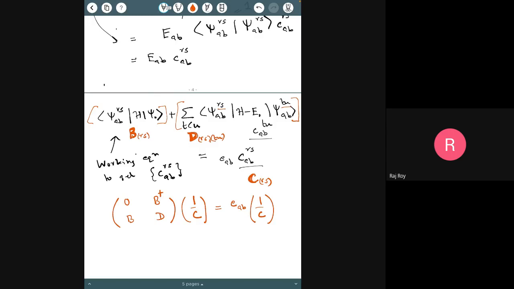So the 1 corresponds to the energy equation. The second row, the C part, corresponds to the equation determining the coefficients, and this is for each AB. So you have a B matrix for every AB pair, a D matrix for every AB pair, and a C matrix for every AB pair. You could thus write an additional index AB on all these matrices.